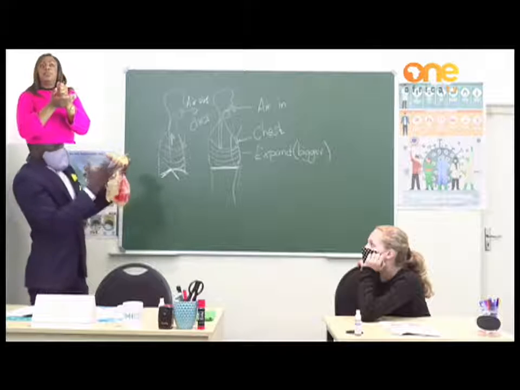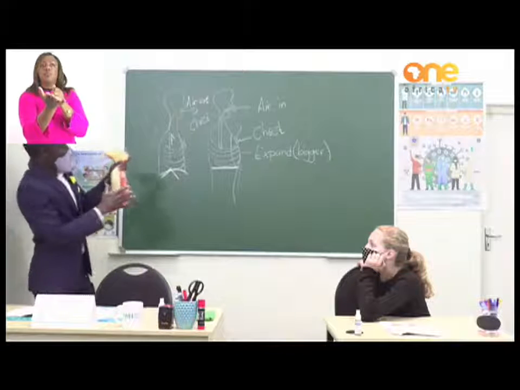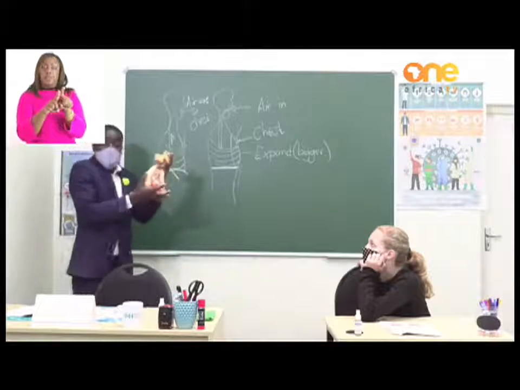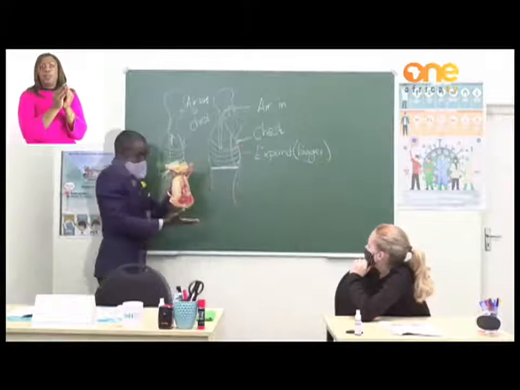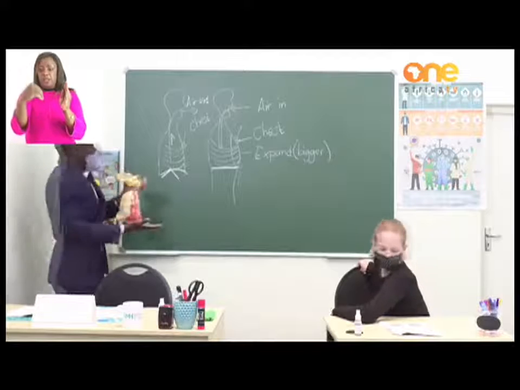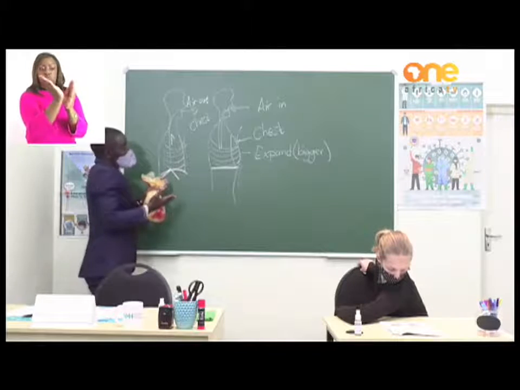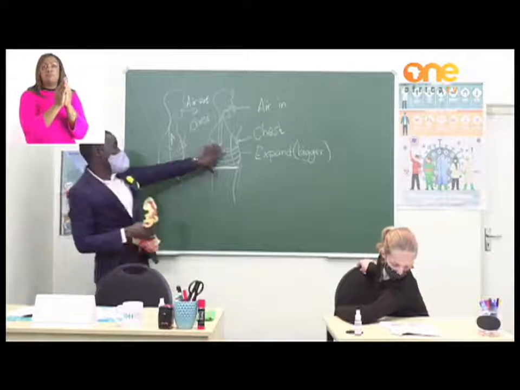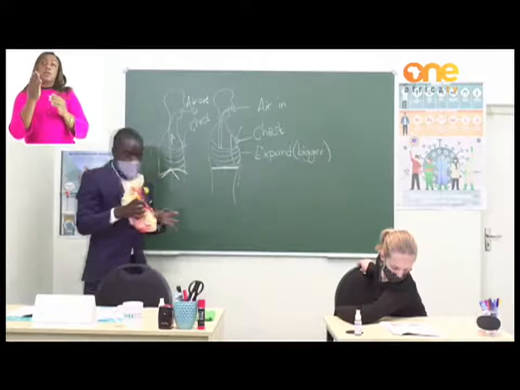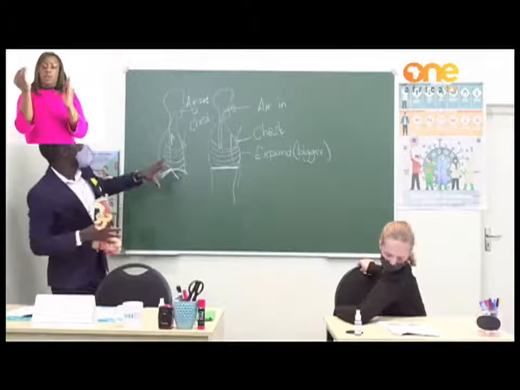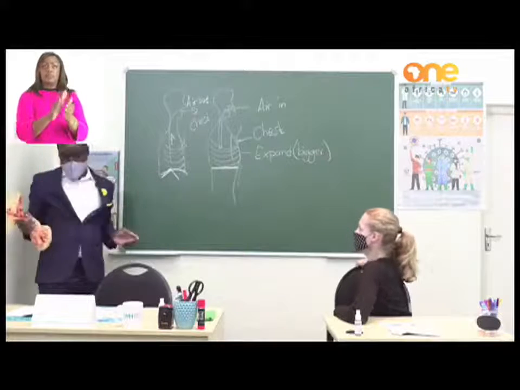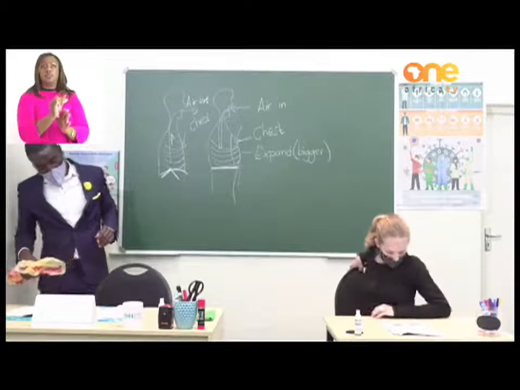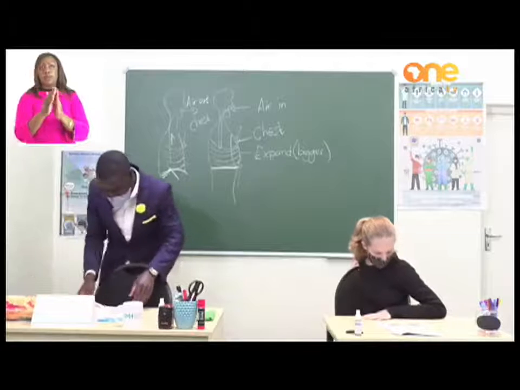Looking at the differences, when I breathe in, my plastic, which I'm using as lungs, was bigger, but when I squeezed as a diaphragm, it became smaller. Meaning that when we are breathing in, our chest or our body becomes bigger to make sure that there's enough space for the air, but when we're breathing out, our chest becomes smaller to make sure that the air is actually squeezed out of our body.